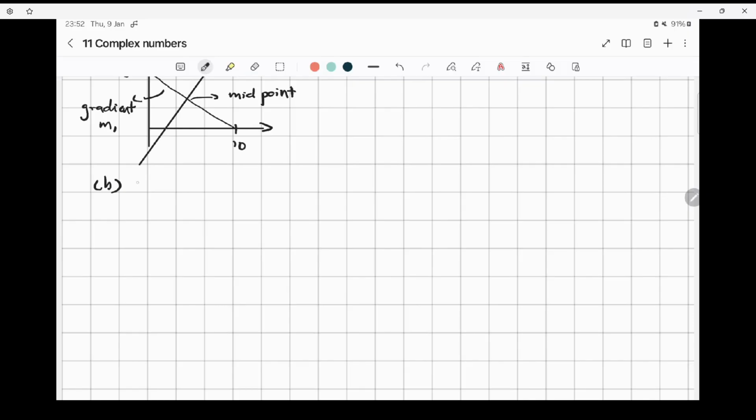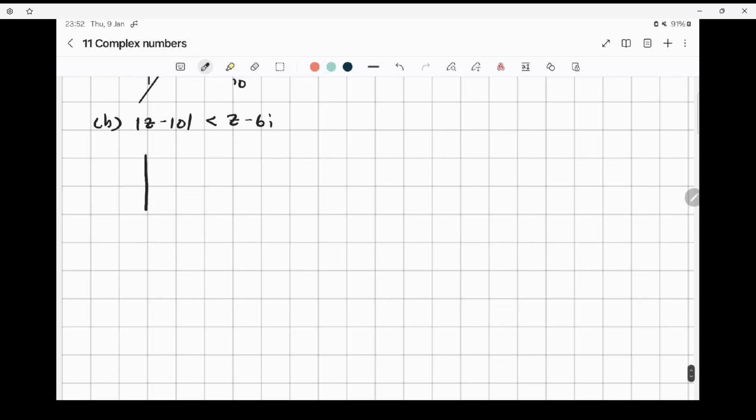So let's say if you have modulus z minus 10 is smaller than modulus z minus 6i, what you will need to draw instead would be, so here's 10, here is 6i. You still draw the line, and then because there's no equal sign, you have to draw a dotted line.